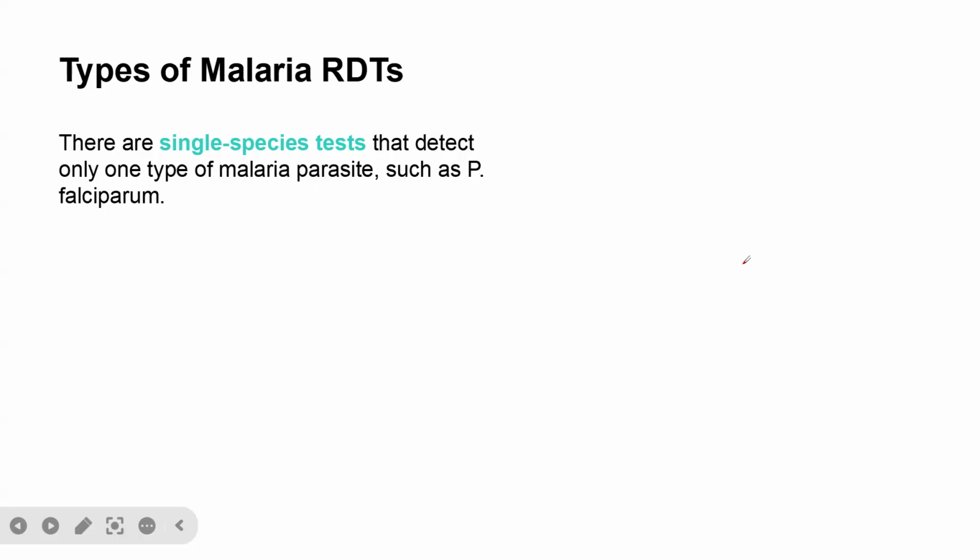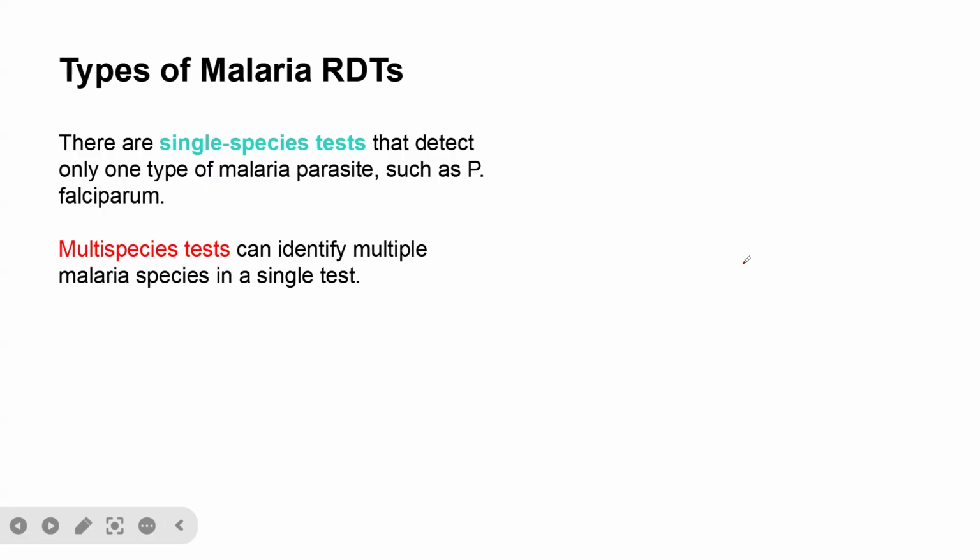And of course, we have different species of malaria parasite, which include Plasmodium falciparum, Plasmodium vivax, Plasmodium knowlesi, Plasmodium ovale, Plasmodium malariae. So we have some RDTs that detect only one specific type of parasite. Then we also have multi-species tests, which can identify multiple species in a single test.